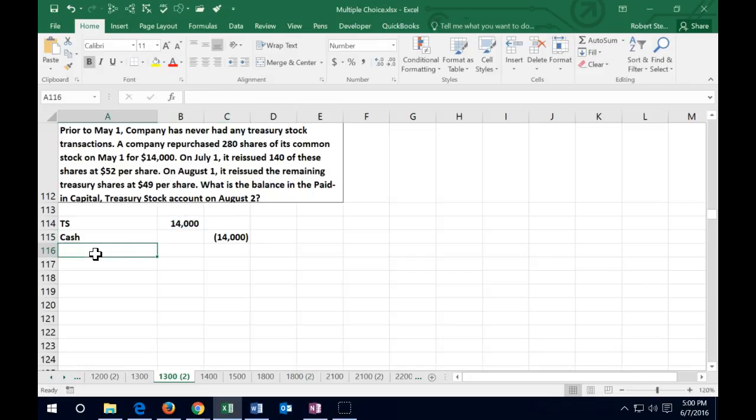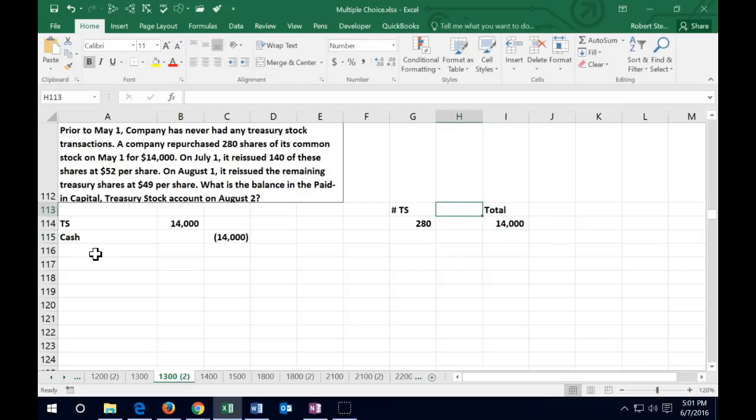Now what we have to do is track that. We've got to say, okay, well, what does it cost per share then if we purchased our own stock back at that time? We're going to say that the number of treasury stock shares is 280. We purchased 280 shares for a total cost of $14,000.